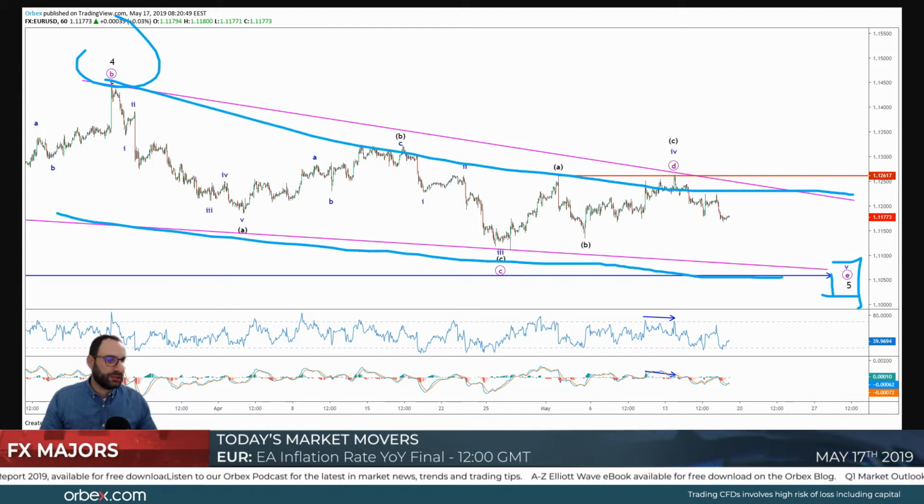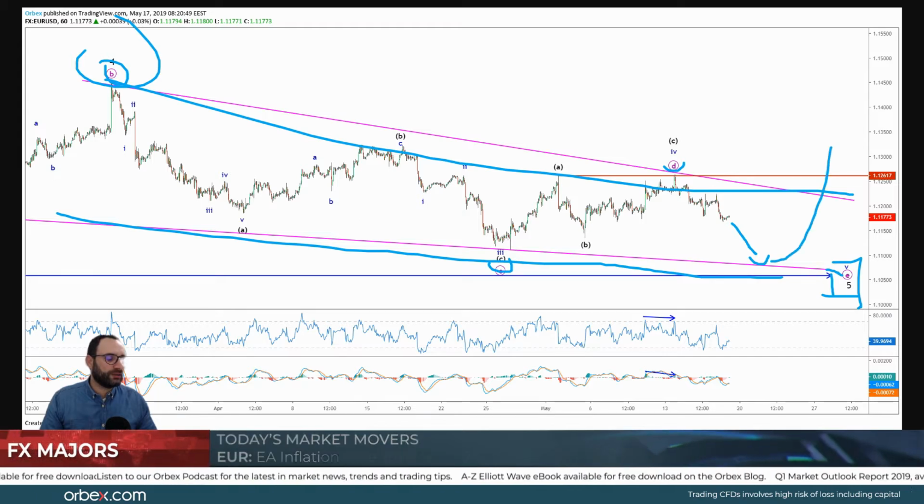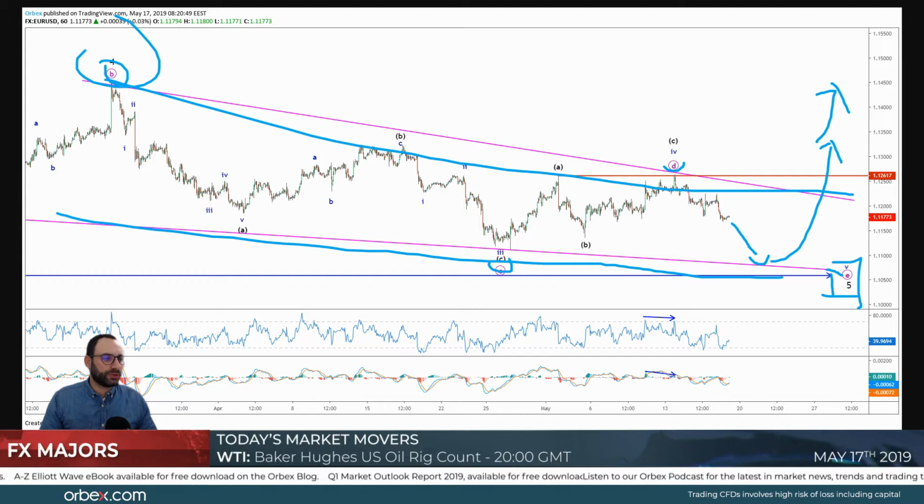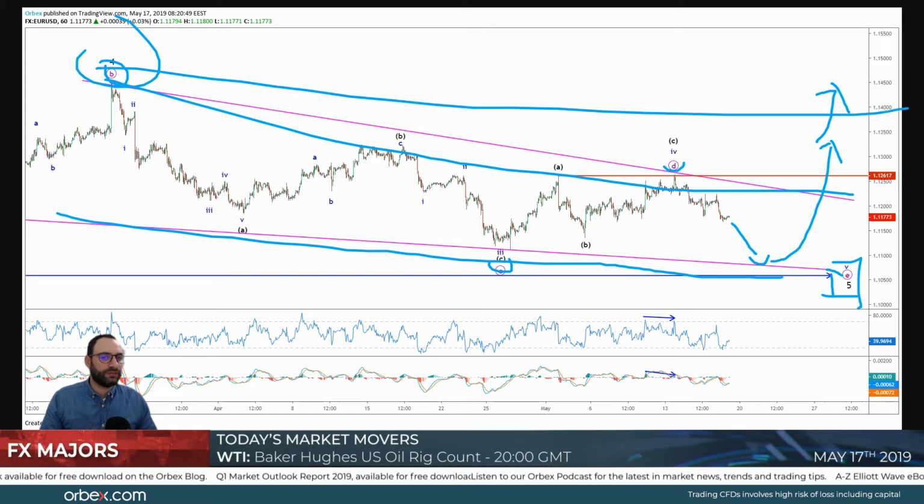Considering this is a validated triangle, we would be looking for prices to move after B, C, D, and move down to wave E to complete this wave, and then move higher, potentially for an ABC or for a reversal where we're looking at a new impulse and prices moving higher above this wave.